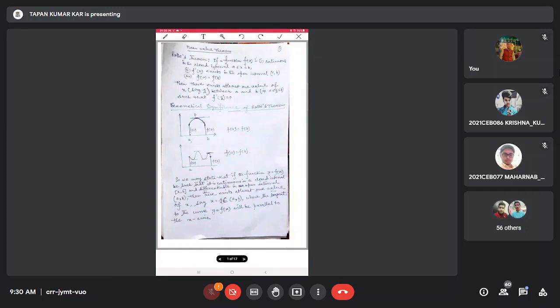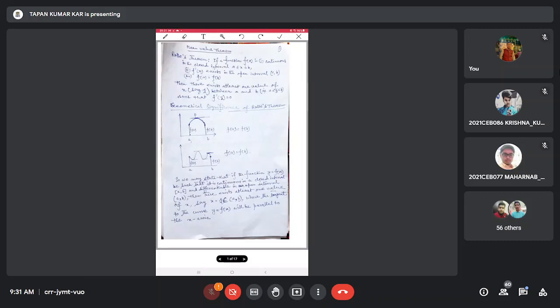And I have discussed the mean value theorem. In this chapter, three theorems are discussed. One is the Rolle's theorem, then Lagrange's mean value theorem, Cauchy's mean value theorem, and some problems are solved based on the mean value theorem.